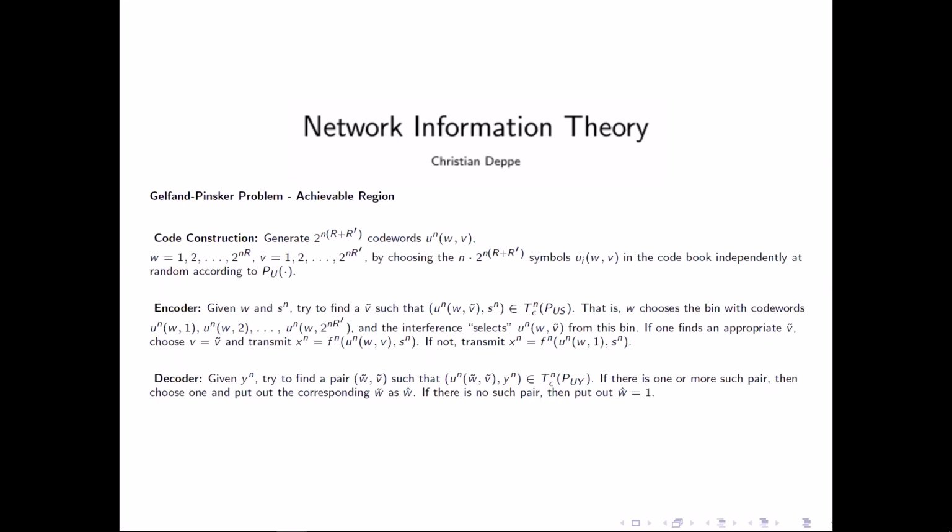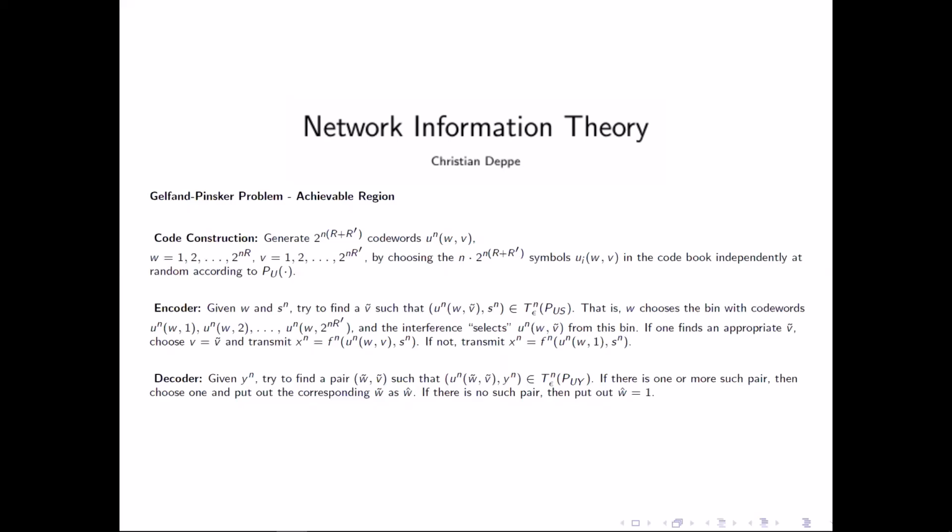Again, we use an auxiliary random variable and an auxiliary channel from X to U. And then we generate again 2 to the n(R plus R prime) codewords U^n(w, v). This means we also use binning again.